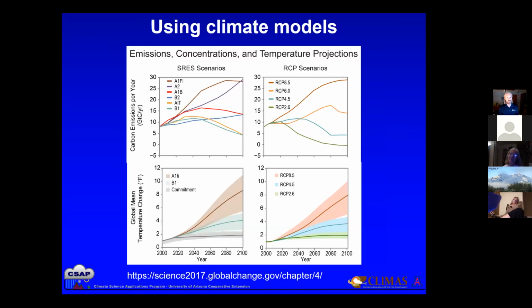And so emission scenarios, this is actually an older graphic, and there are new emission scenarios out. I think we're on the third or fourth iteration of these. But basically, emission scenarios look at projected changes in greenhouse gases into the future. And that's not a purely physical projection.